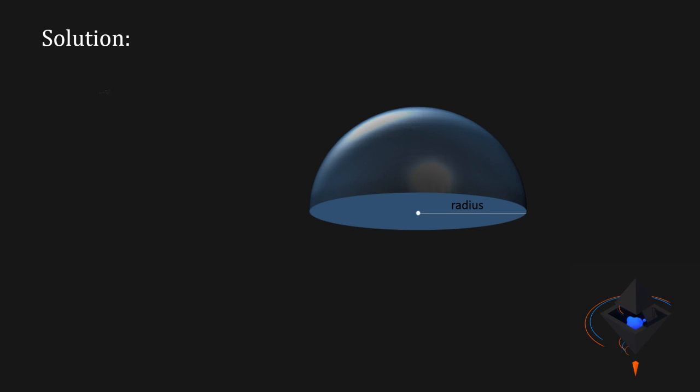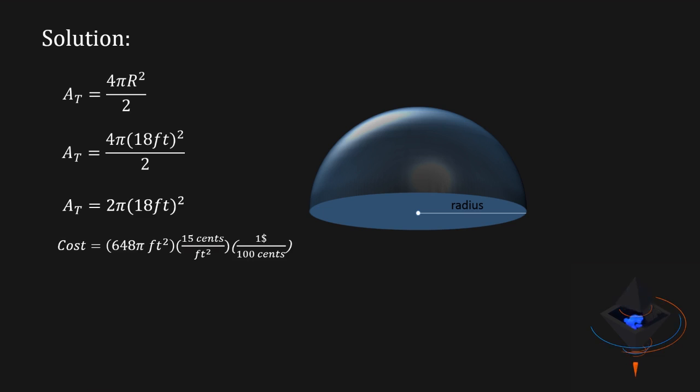So, this one, we will use the formula of the area of a sphere, but we should divide it by 2 since the problem states that it is a hemispherical dome. Now, let's substitute the radius, which is 18 feet that was derived from the given of 36 feet diameter. Now, our area would be 2 pi 18 feet squared.